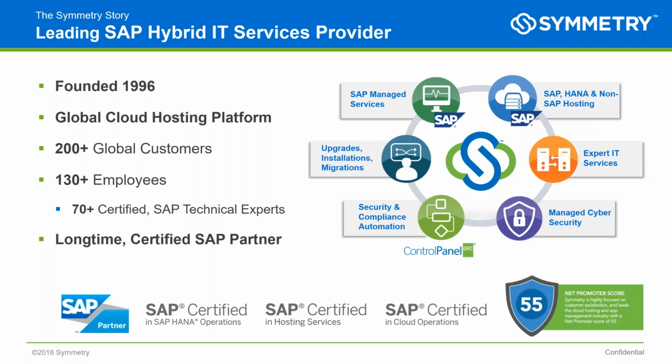So next, I'm just going to cover off a couple of the companies that we partner with for hosting. First off is Symmetry. They've been around for 20 years. They focus on SAP managed services, upgrades, installations. They're an SAP partner, also focused on quality. So they've got a Net Promoter Score that's very high, leading the cloud hosting and app managed industry, a score of 55.